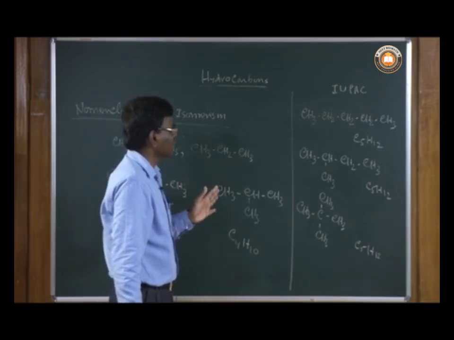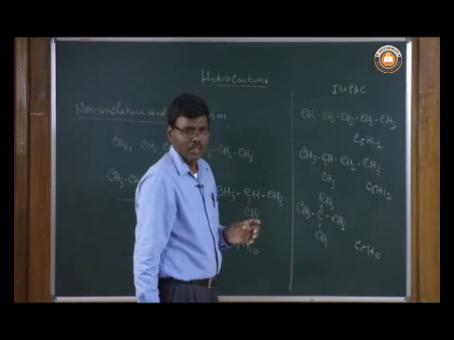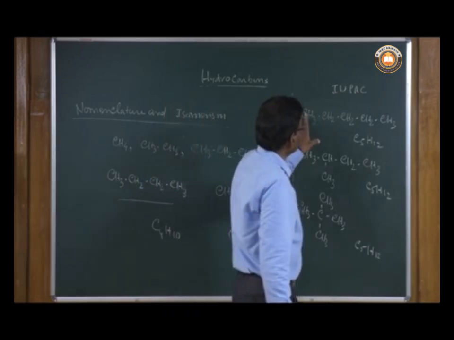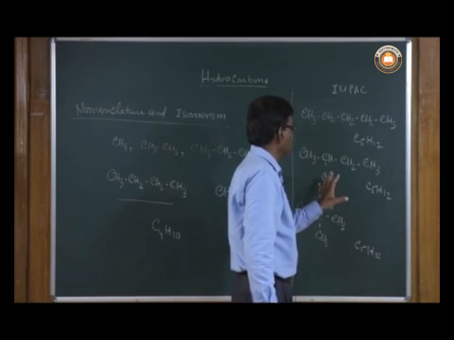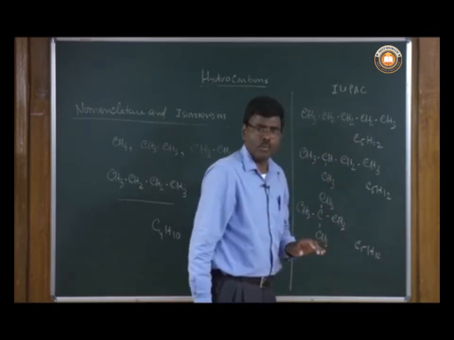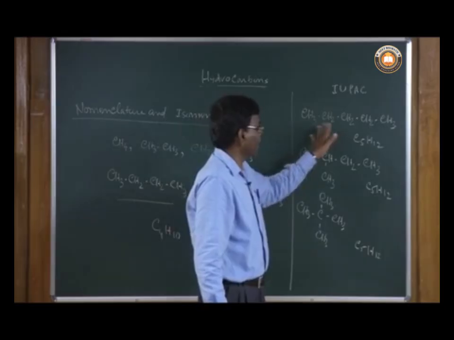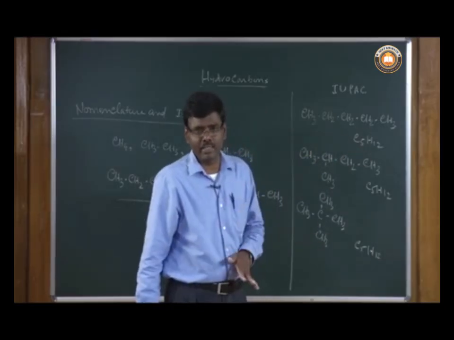To name this compound, you have to follow some guidelines. First, we have to find out the linear alkane, there is no problem. There are 5 carbon atoms, so you can call it pentane.